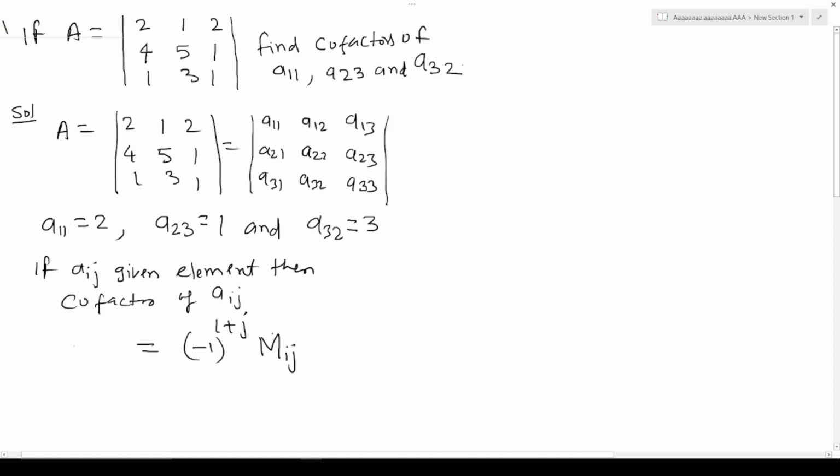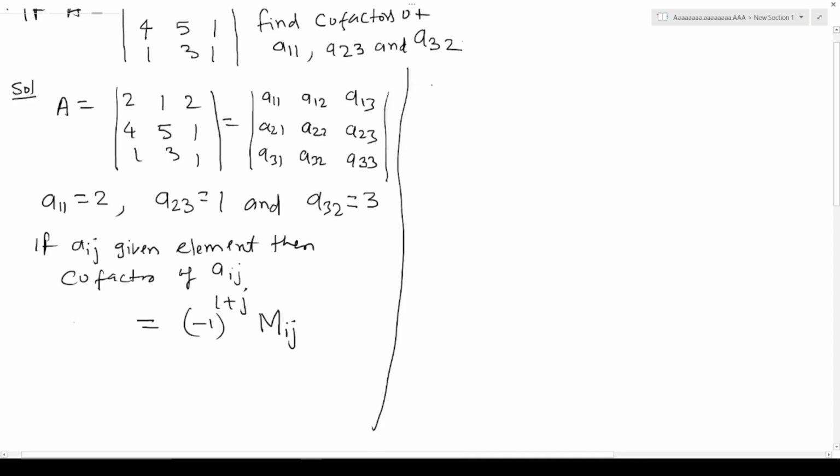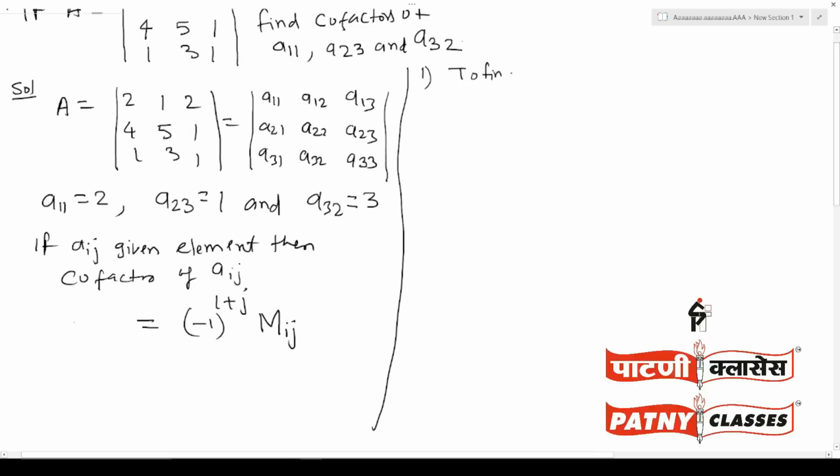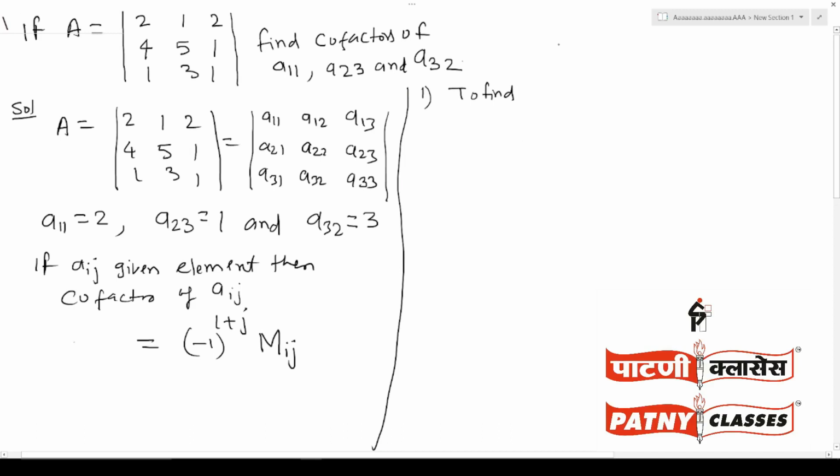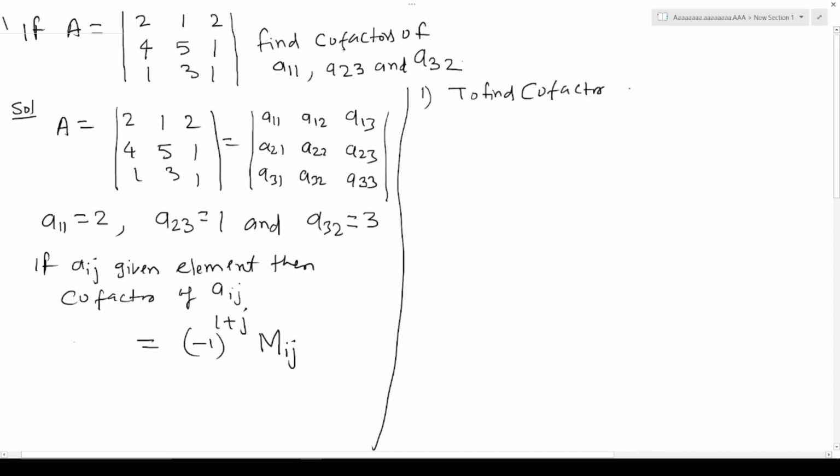This is the formula. Therefore, now step 1, to find the cofactor of A11.